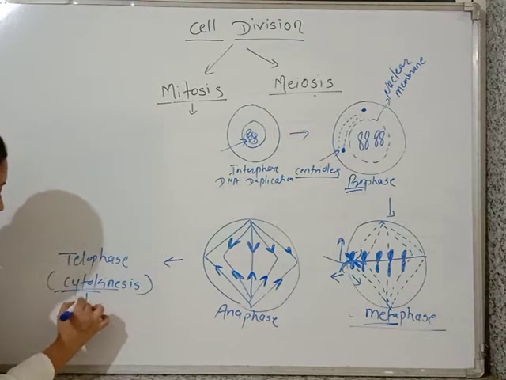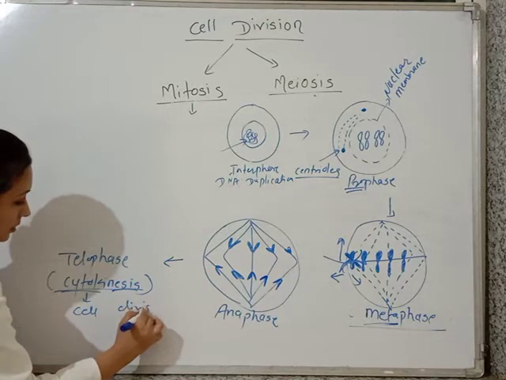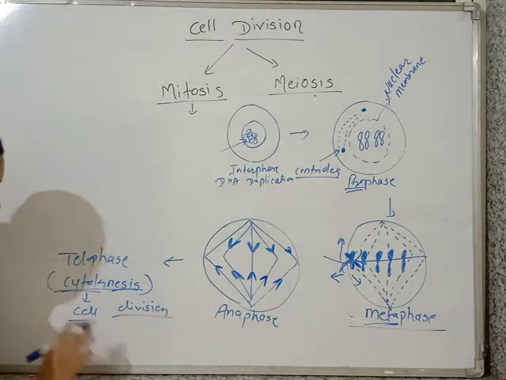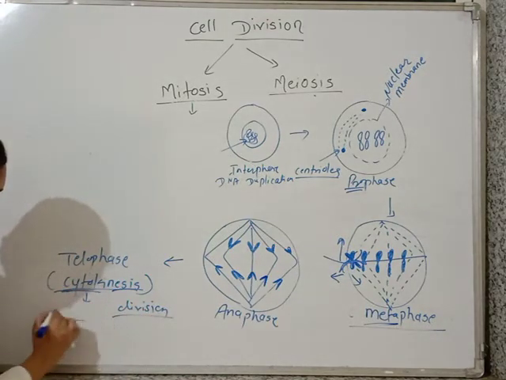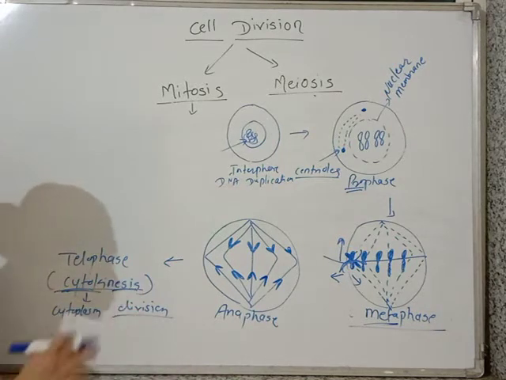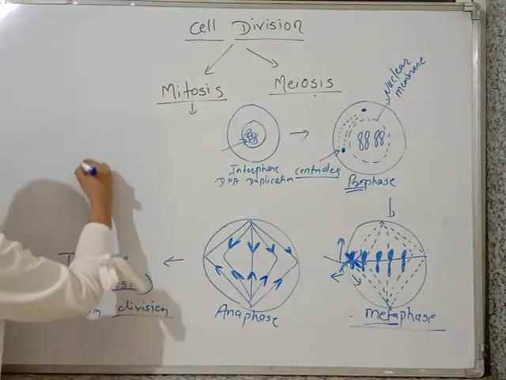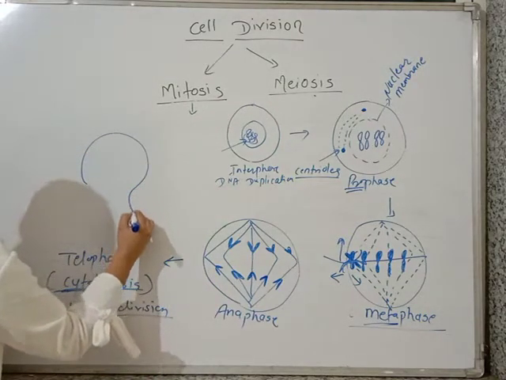Cyto stands for cell, and kinesis stands for division. Here cyto means cytoplasm, so the cytoplasm divides, it gets split. How? Let's see. It appears like this.